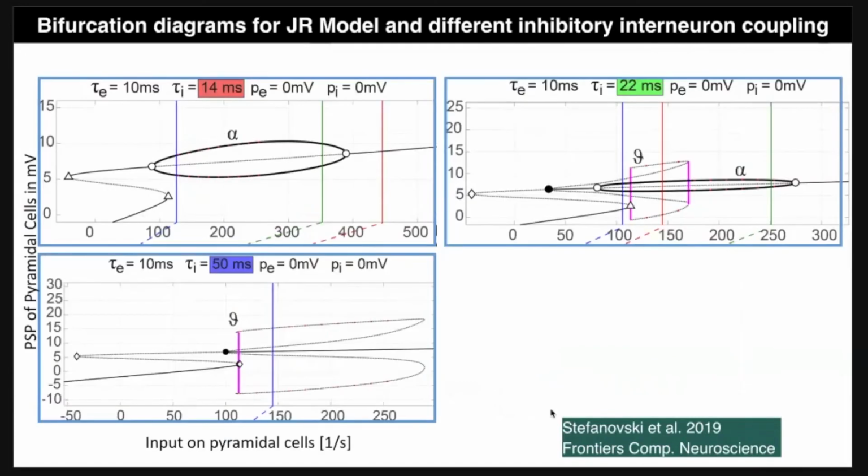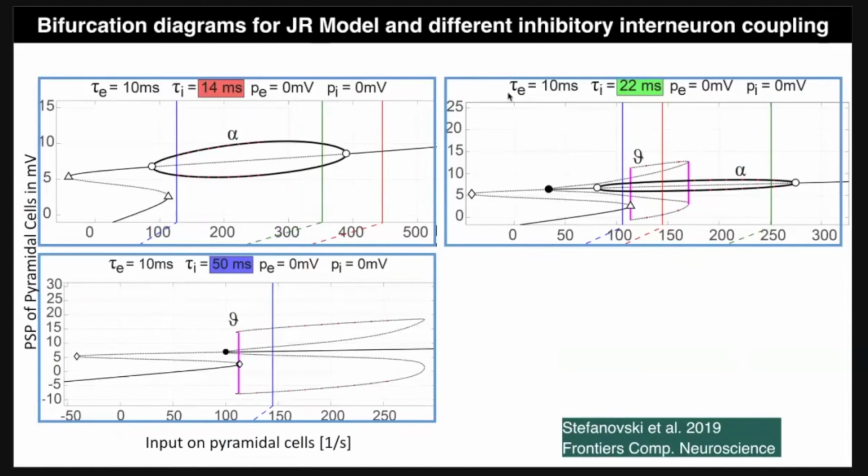So this is now another tool, approach, method from dynamical system theory, bifurcation analysis, that nicely illustrates how we can make benefit of these tools for understanding possible mechanisms in the brain. So here in the 3 panels, we only change one parameter that is related to the coupling of the inhibitory interneurons to the pyramidal cells, it's tau.